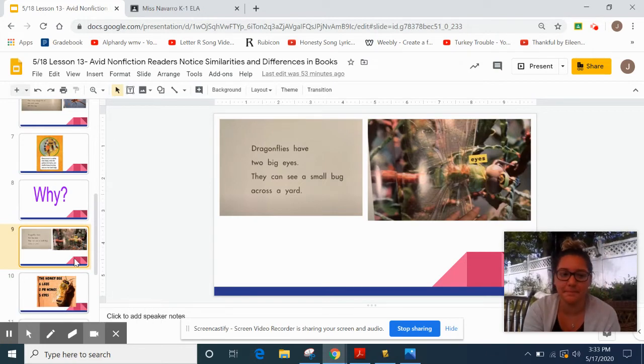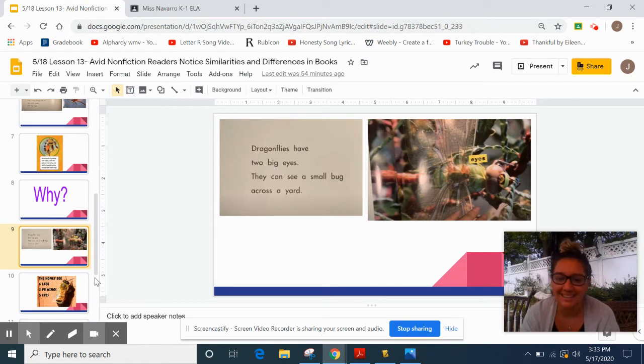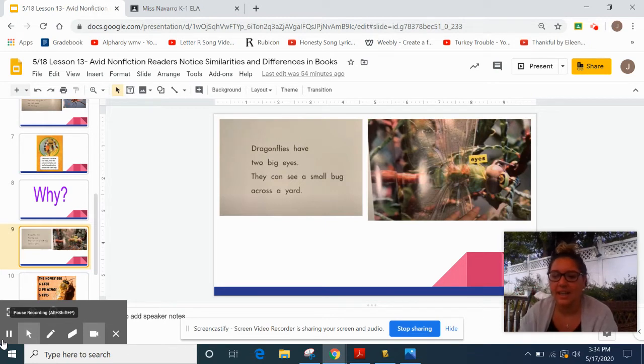What is the same? Yeah, they both have eyes. Now, what is different between these 2? What is different? Yeah, the dragonfly has 2 eyes and the honeybee has 5 eyes.